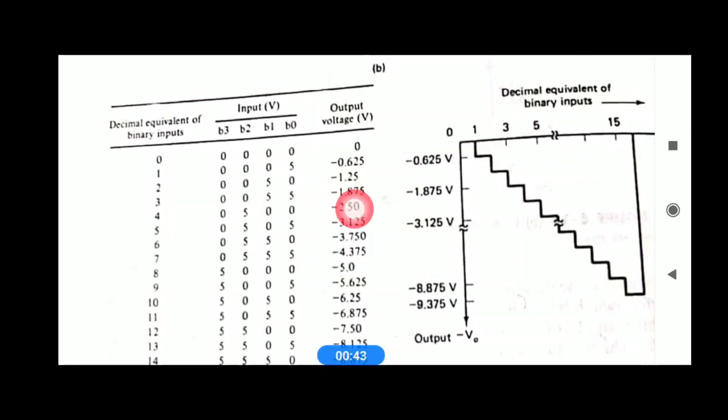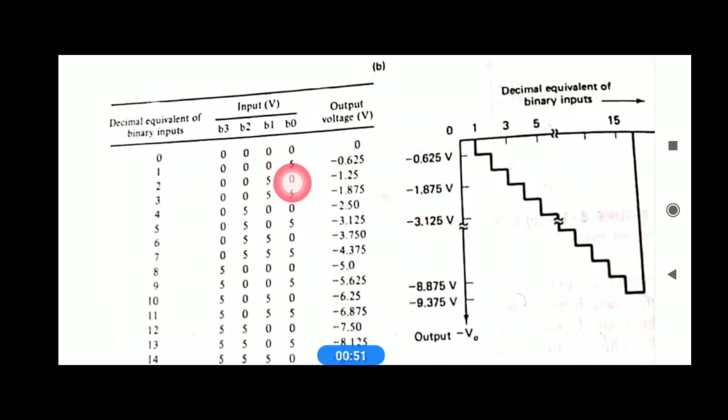In the same way, if you apply only B1, keeping all other inputs 0, with decimal equivalent binary 2, the third line, you will get an output voltage of minus 1.25 volt.